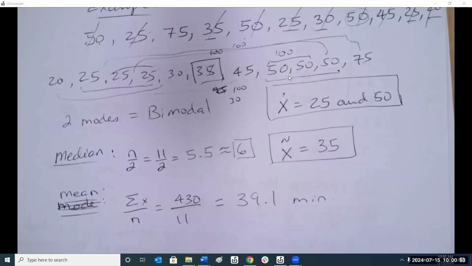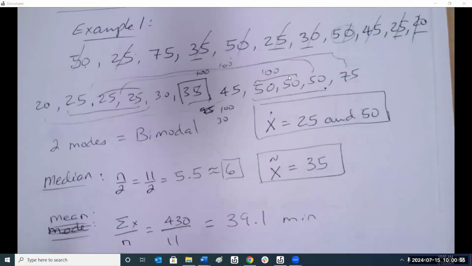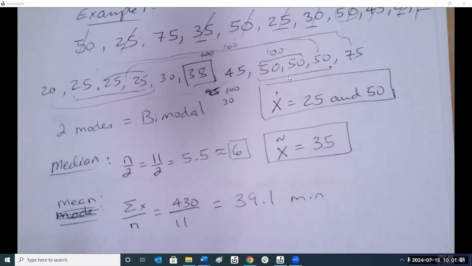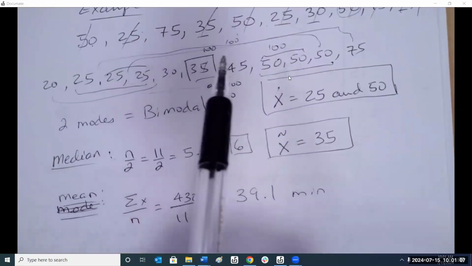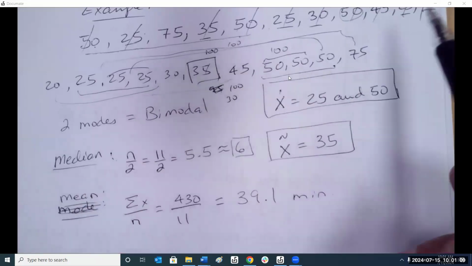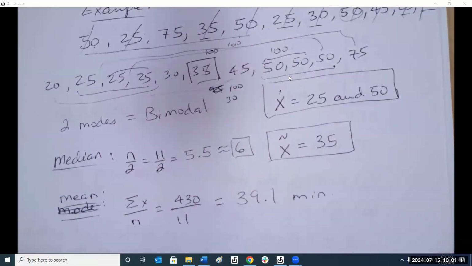What was it our first time, when we just did 5 numbers? Remember the first time we did it was 47. But then we only used 5 data points, the first 5 data sets. Now we use 6 more. So what does that tell us?